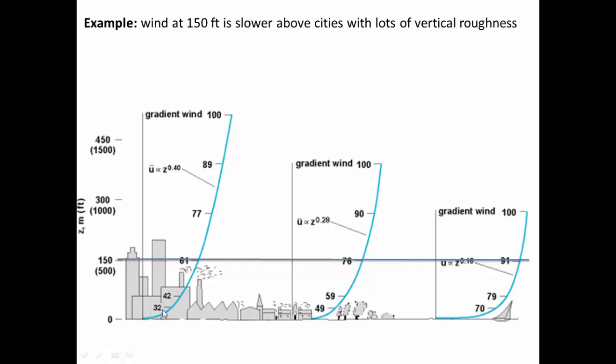Here, wind speed is increasing. At 150 feet, it's only 61, whereas over the ocean at 150 feet, it's already 91. So wind speed increases a lot more over the open ocean because you get this nice laminar flow. You don't get the turbulence.